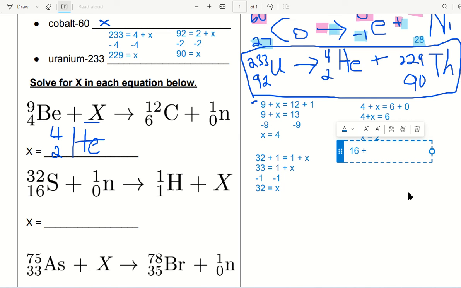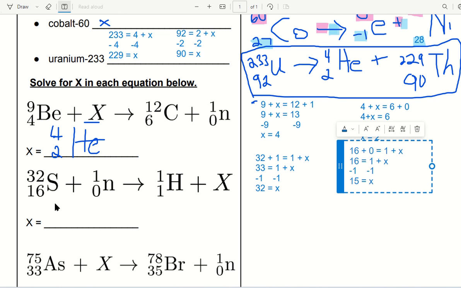16 plus 0 equals, for the arrow, 1 plus x. 16 plus 0 is just 16 equals 1 plus x. Then what do we do? Minus 1 from both sides. And 15 equals x.